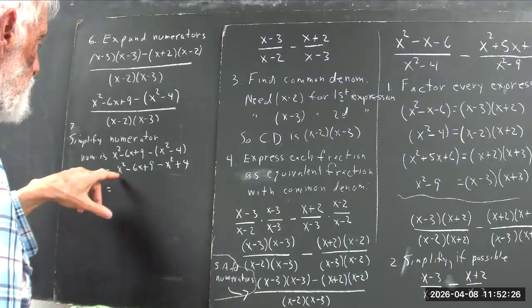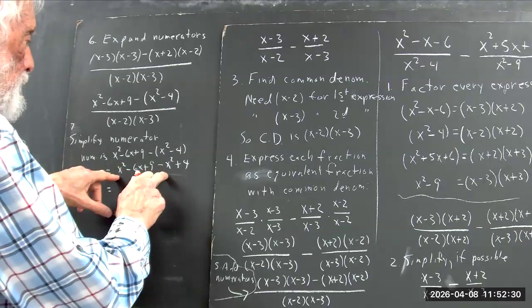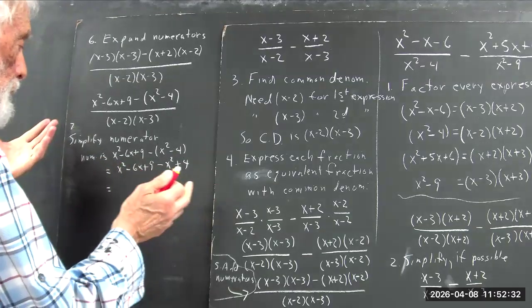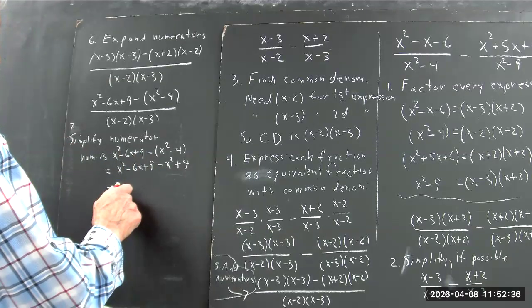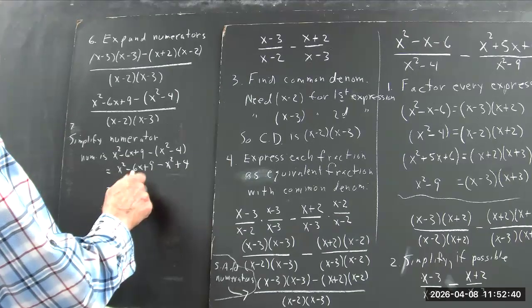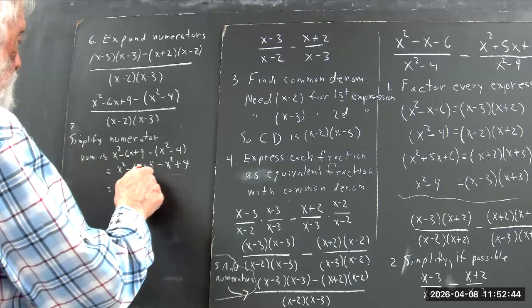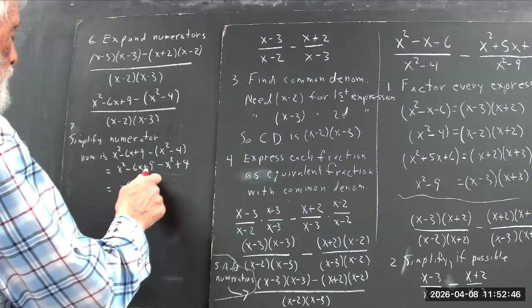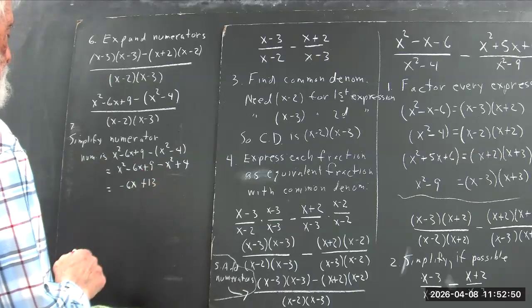Now we can combine terms. We have an x squared and an x squared, but one of them's negative, so we don't have an x squared. We end up with 0x squared. Now we have minus 6x. We don't have an x term on the second part of the numerator. And then we have plus 9 and plus 4, that's plus 13.